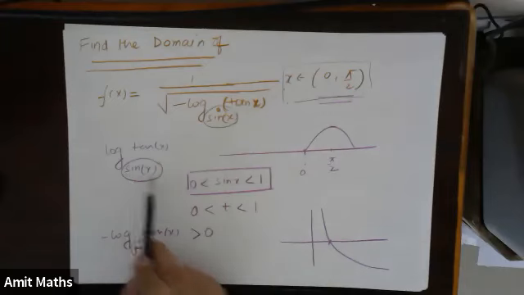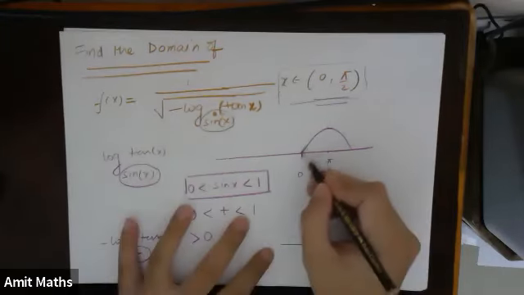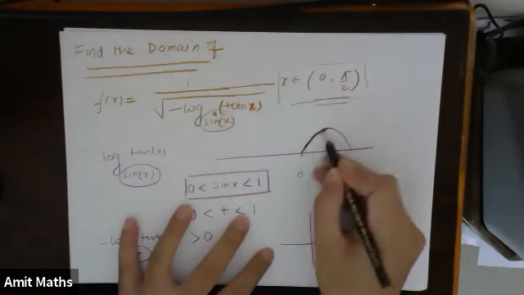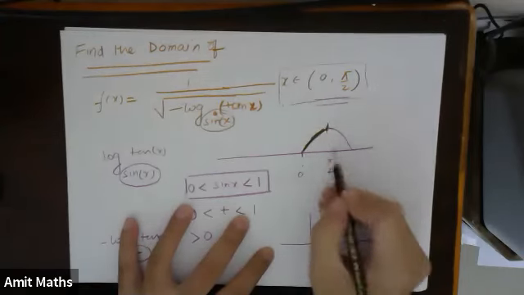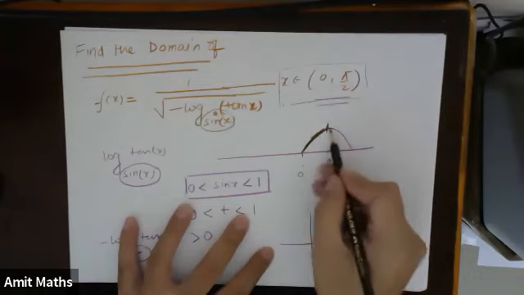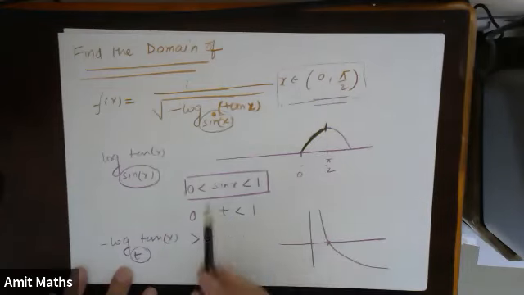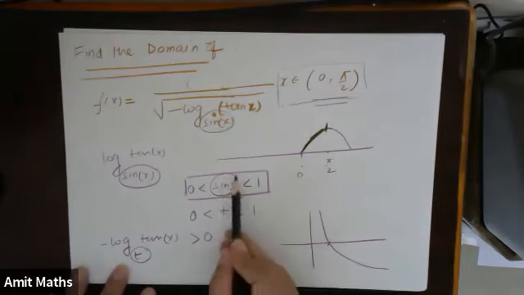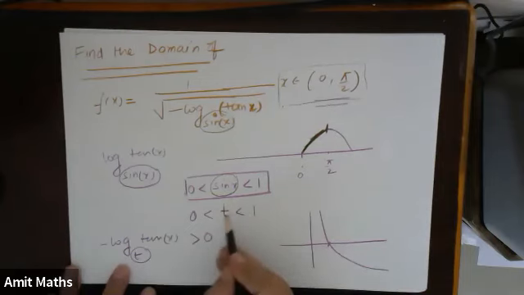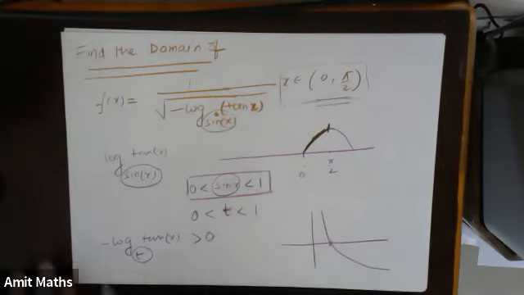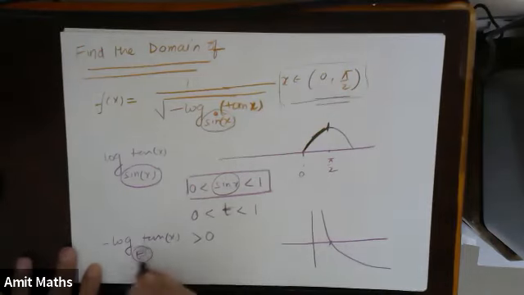For x between 0 and pi by 2, sin x goes from 0 at 0 to 1 at pi by 2, so sin x will take all values between 0 and 1. If I replace sin x with t, this becomes minus log base t of tan x. Now this t is a weak base.